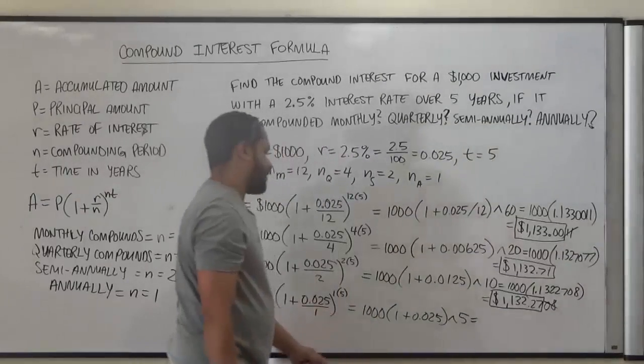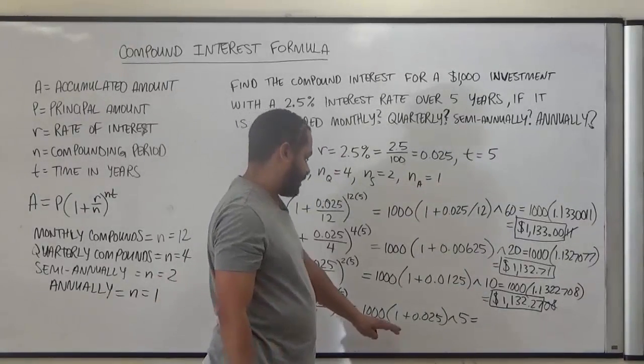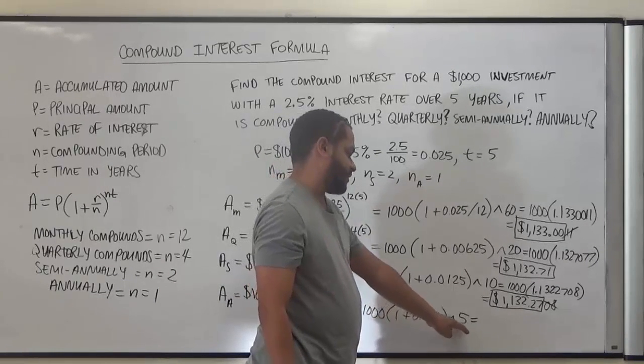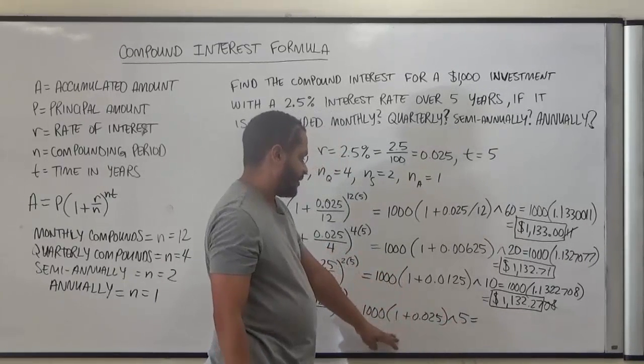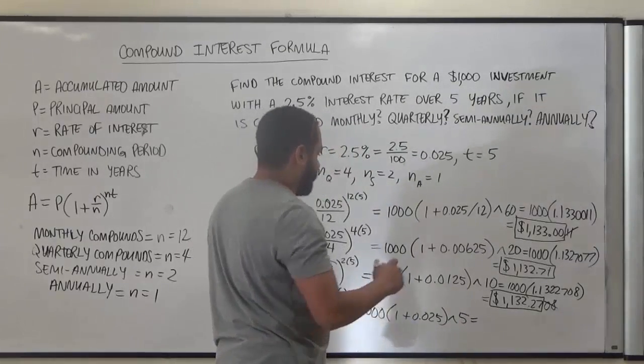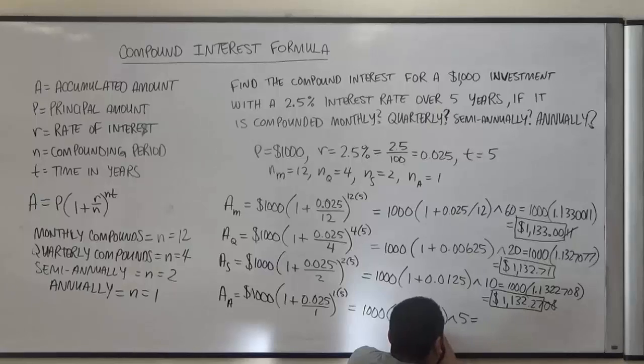As for the final investment with annual compounds, this one's pretty straightforward. We're just taking the $1,000 and multiplying it by 1 plus 0.025 raised to the 5th power. Most calculators will do this easily. And when we raise this 1 plus 0.025 to the 5th power, we're going to have 1.1314082.